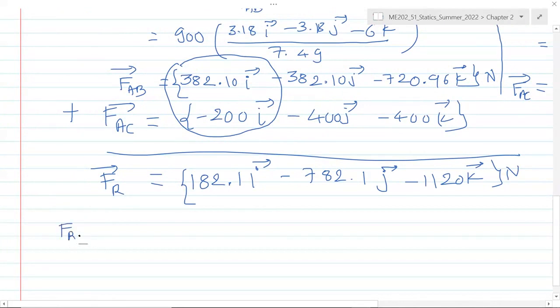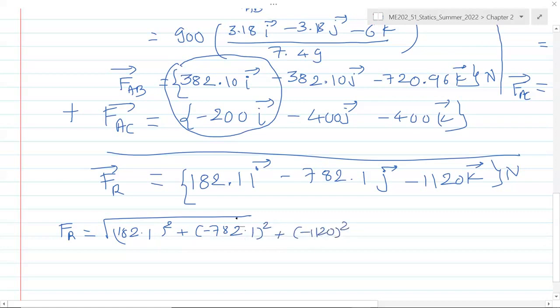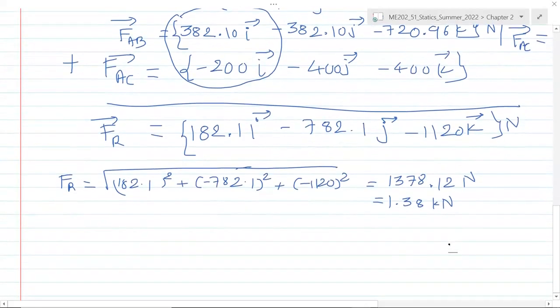So the magnitude of the resultant force is the square root of these three component squares, which is 182.1 squared plus minus 782.1 squared plus minus 1120 squared, and that is 1378.12 newtons. We can also write this as 1.38 kilonewtons using our unit rules defined in chapter 1.